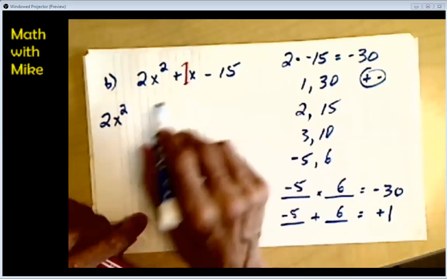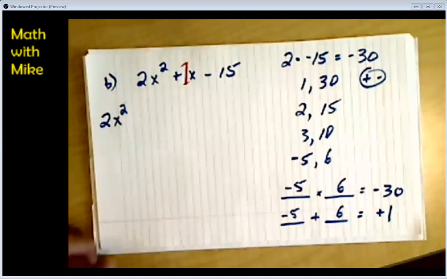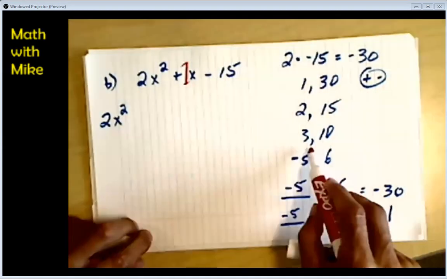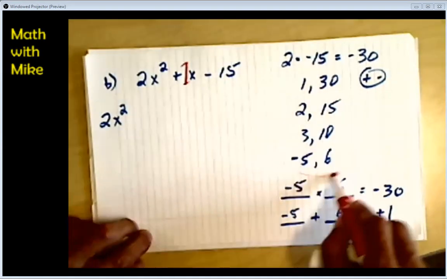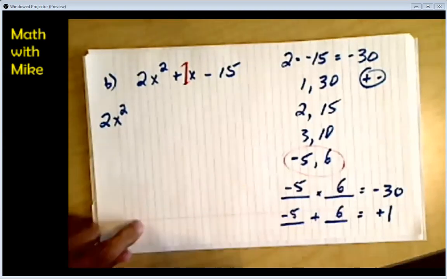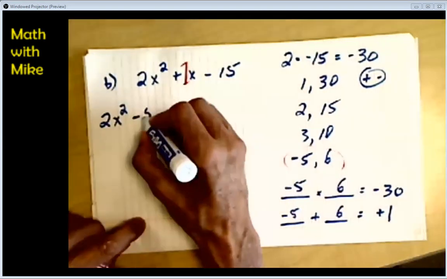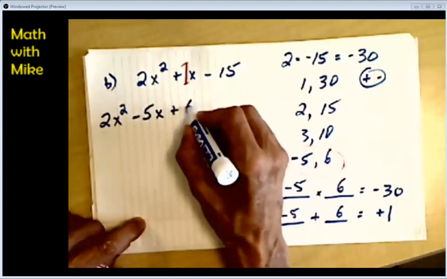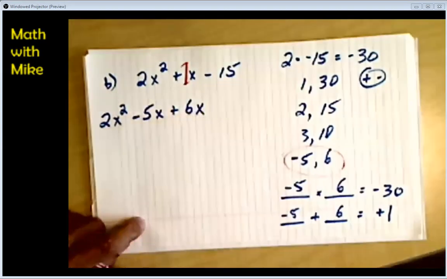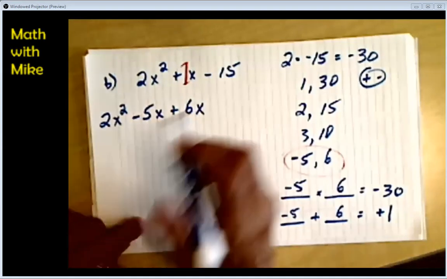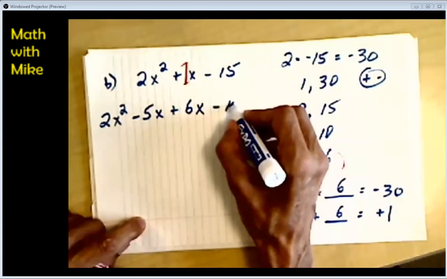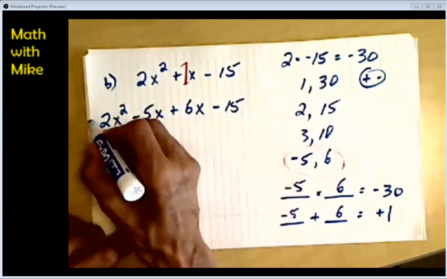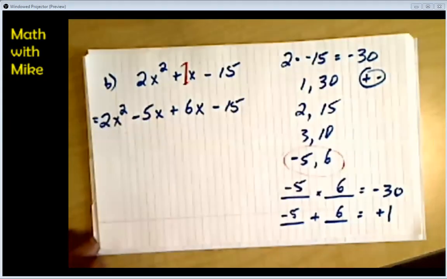No, we use these two numbers that we find. So instead of 1, we're going to use the minus 5. Nice. Plus 6x. Yep. And then the minus 15, we just carry it down. That's there at the end. Equal sign, if you can squeeze it in there, so it's professional looking.